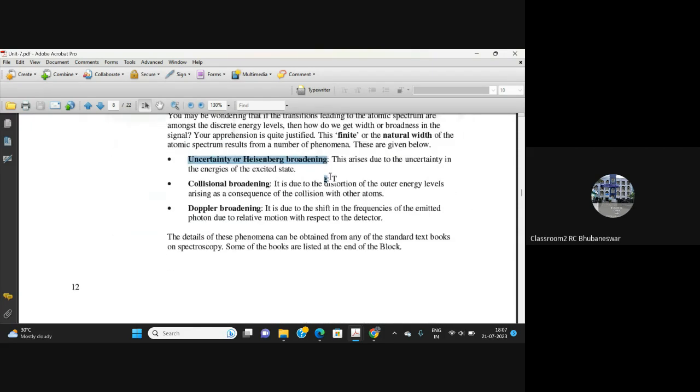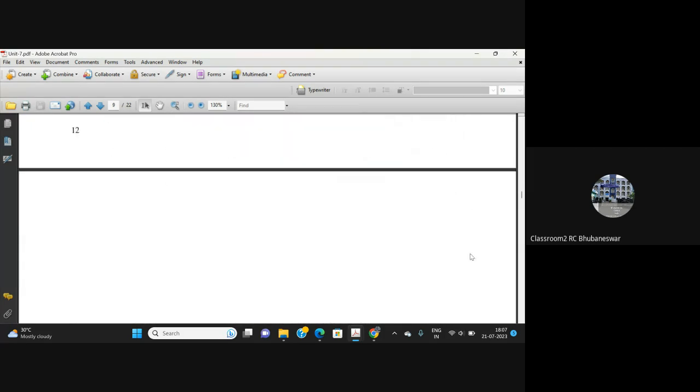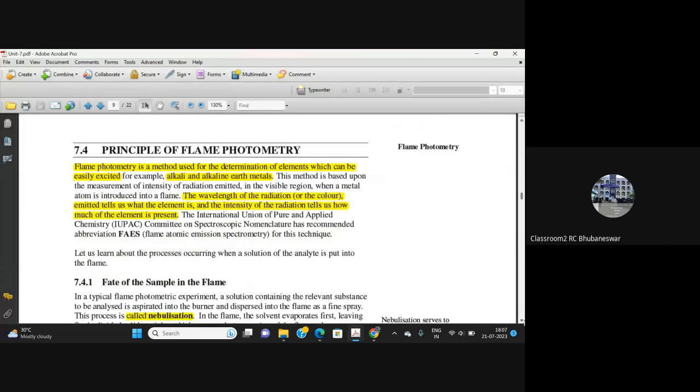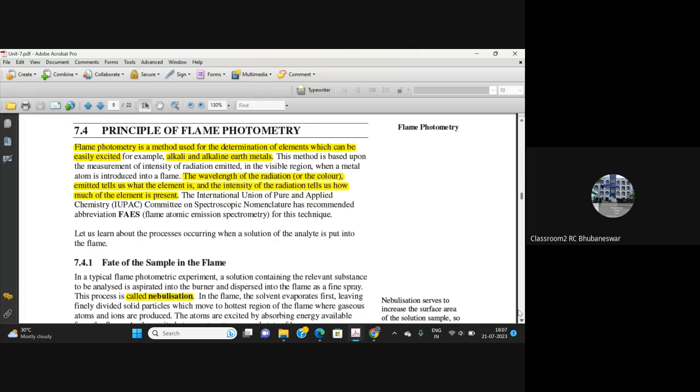So, what is the principle of flame photometry? You must always remember the principle of all the spectroscopic methods. You may get questions on that. What is the basic principle of flame spectroscopy? What is the basic principle of UV visible or fluorescent spectroscopy?